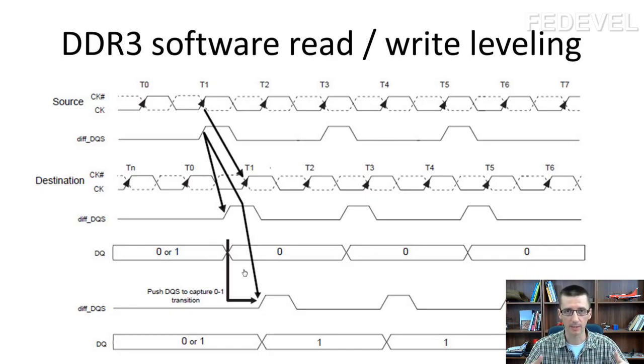You repeat this, and repeat, and then you will find out when the 0 will change to 1. Here you can see it. When you put in enough delay, you will find exactly the time when the clock will change to 1. That's the technique you can use to find the delay between the clock and the DQS signal, which you need to use to synchronize them.